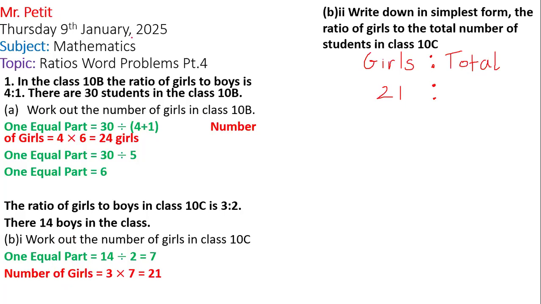Yes, sir. I'm asking you, what's the total number of students in 10C? 42. Where did you get 42 from? I add the 21 plus 21. Why did you do 21 and 21?